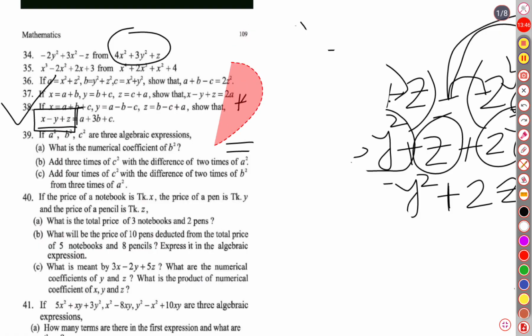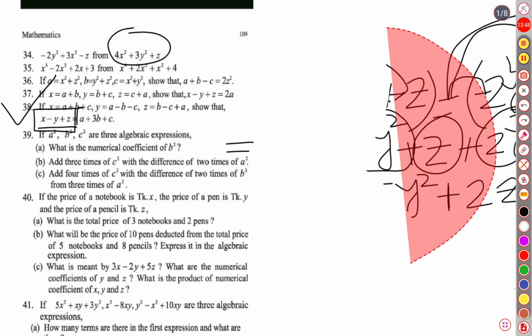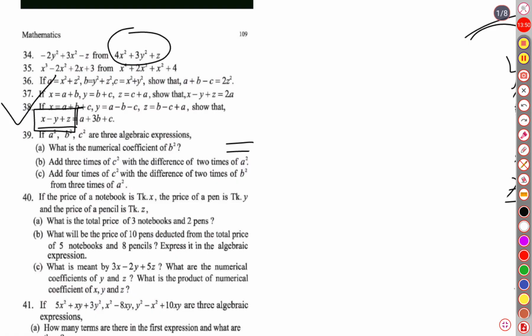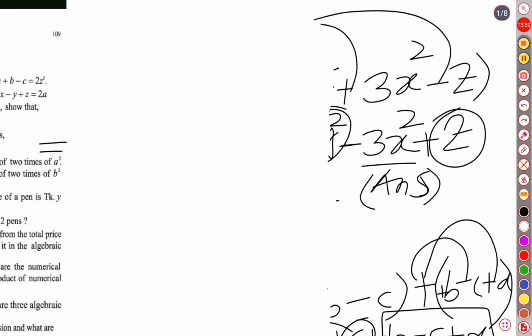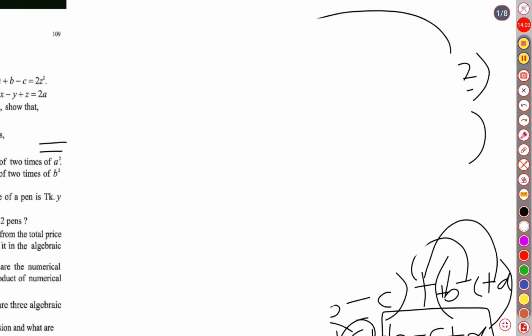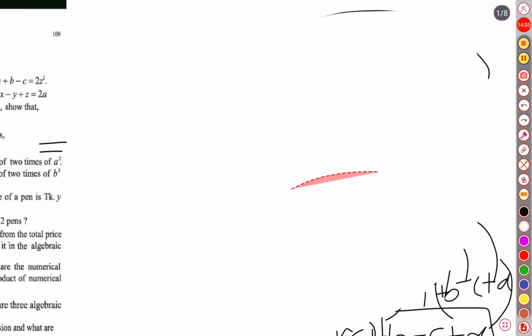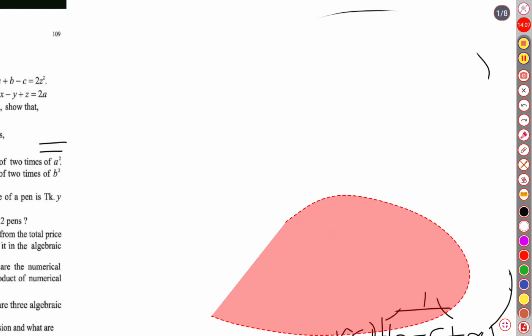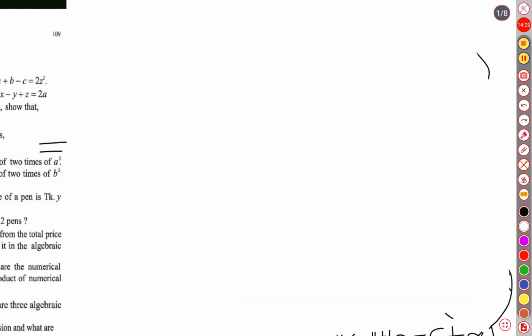So our next question is 38. Okay, 38 says, let me erase full of this so that we can write well. And that is, 36 is a creative question.